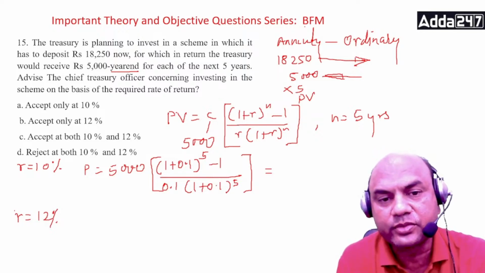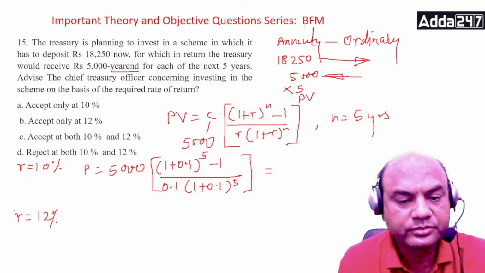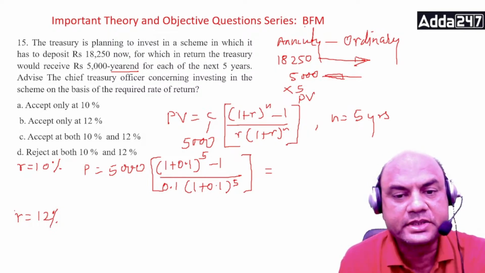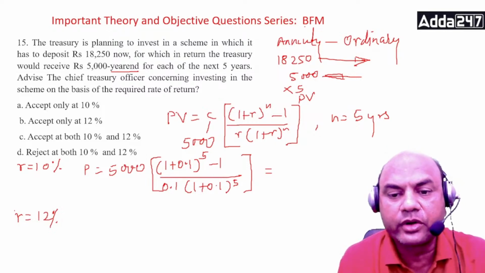Find out the answer for this. Use the calci. Everyone, try with the calci. Let me see who gets the answer first. 1.1 raised to 5.